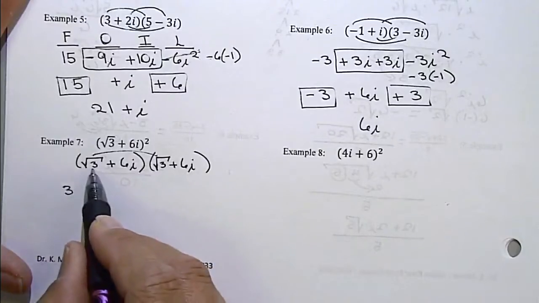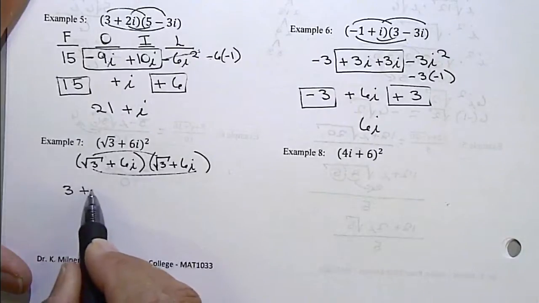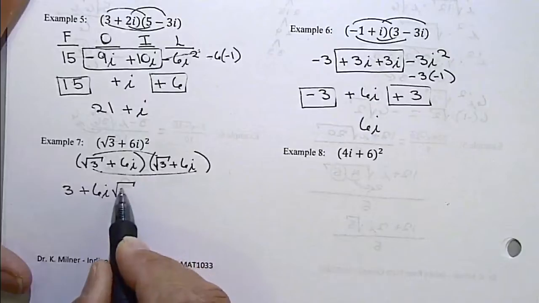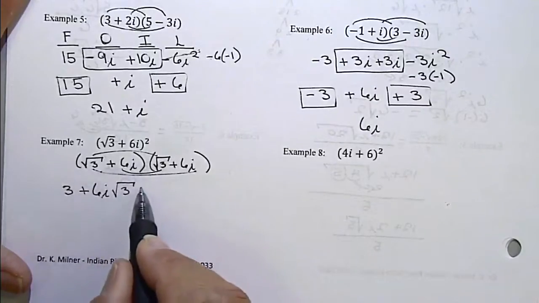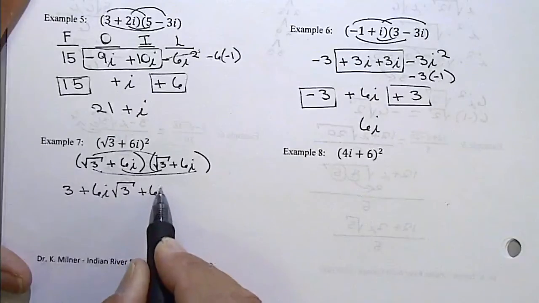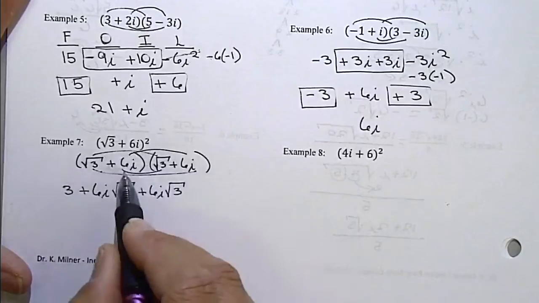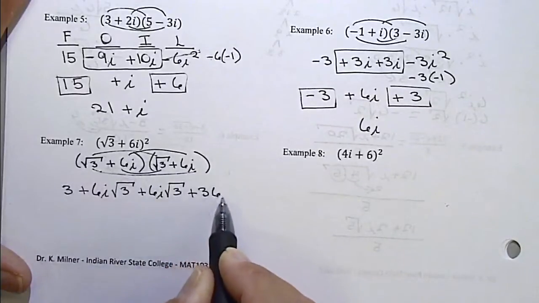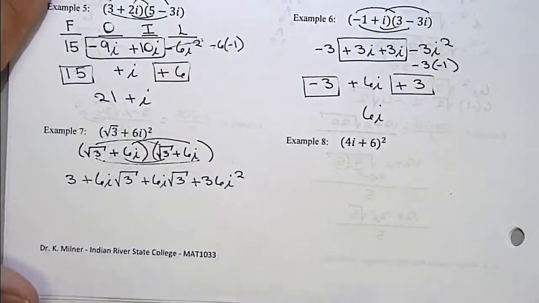And then I'm going to go outside terms. Square root of 3 times 6i. Well, that's going to be plus 6i times the square root of 3, right? And inside terms, square root of 3 times 6i is another 6i times the square root of 3. And last terms, well, that's going to be 6 times 6, i times i. Okay?